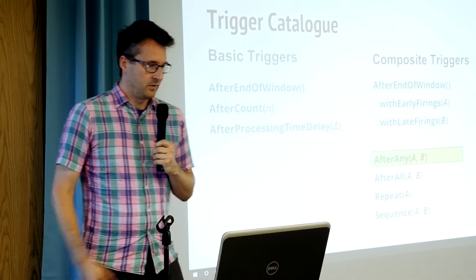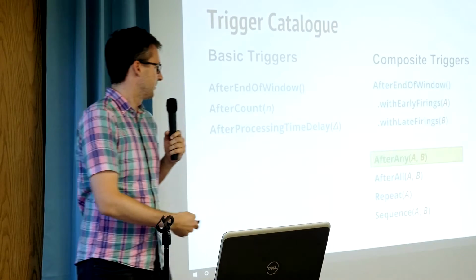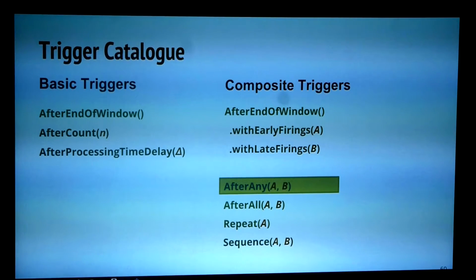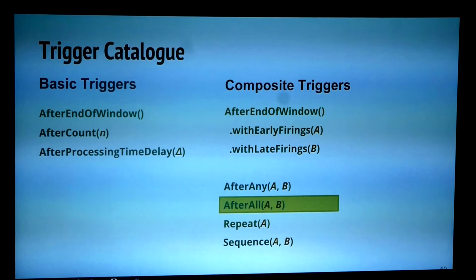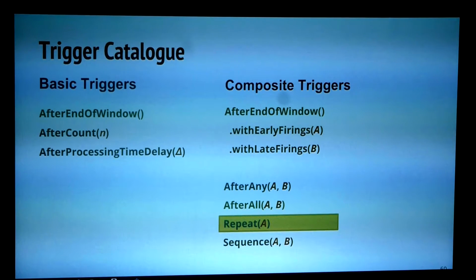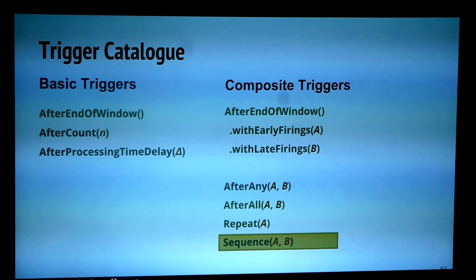In addition to these, there's a simple after any trigger, a combinator that produces output whenever any subtrigger is ready, and the after all trigger, which is a combinator that produces output once all of its subtriggers are ready. You saw the repeat trigger, which just repeats the trigger forever, and you can also simply sequence triggers.